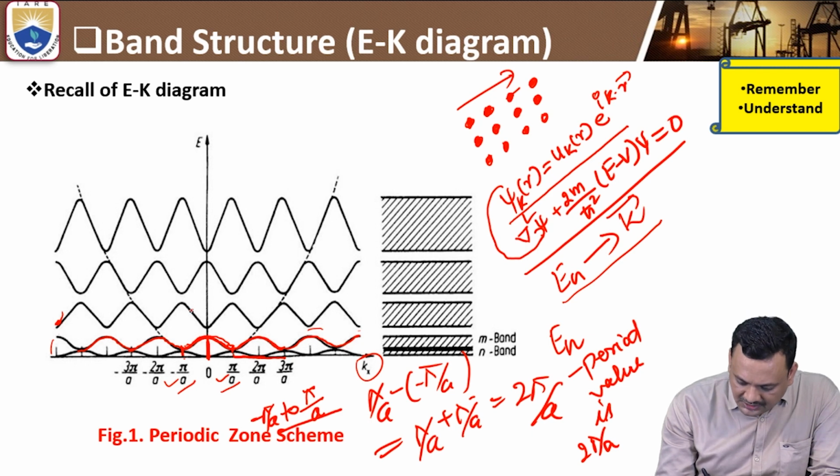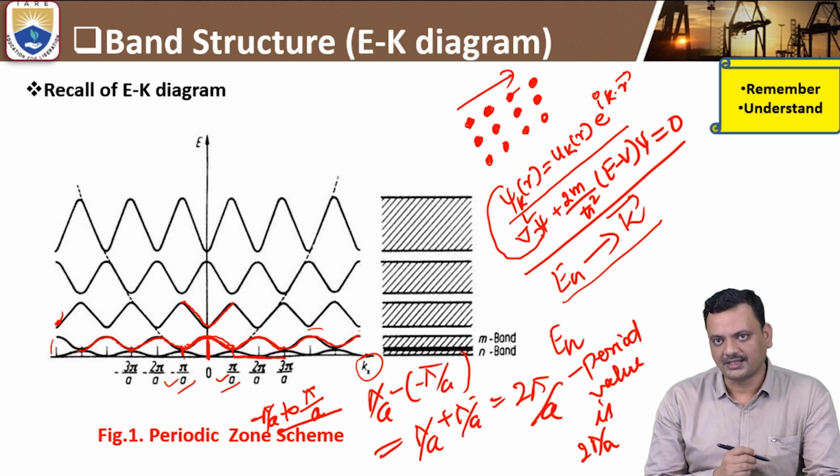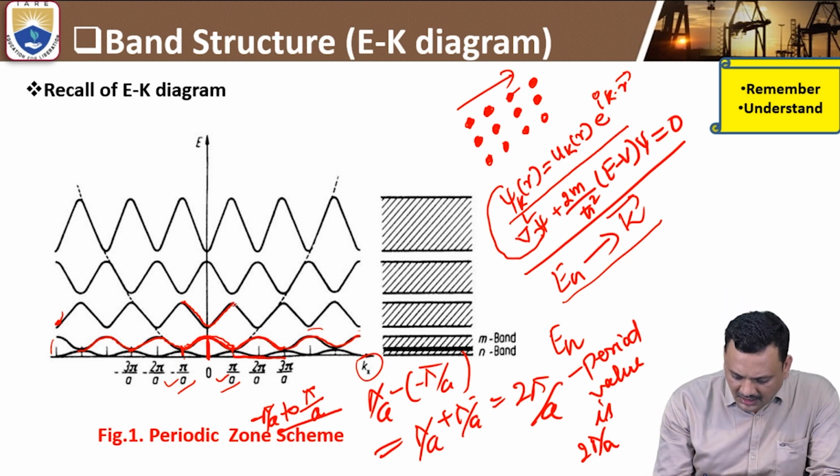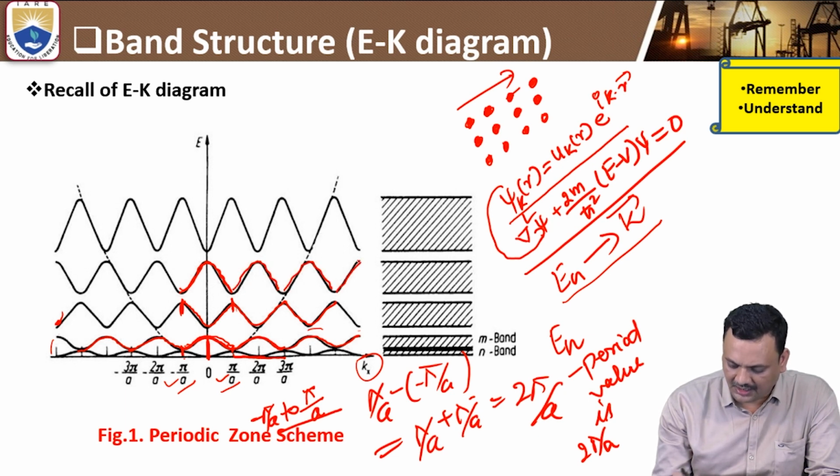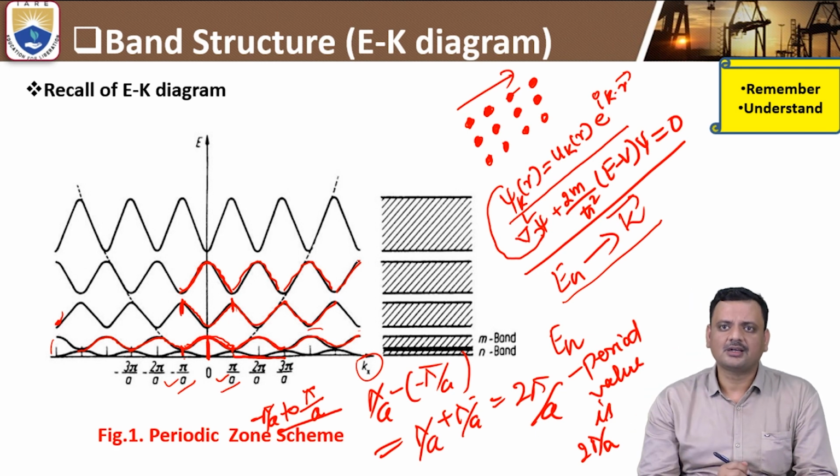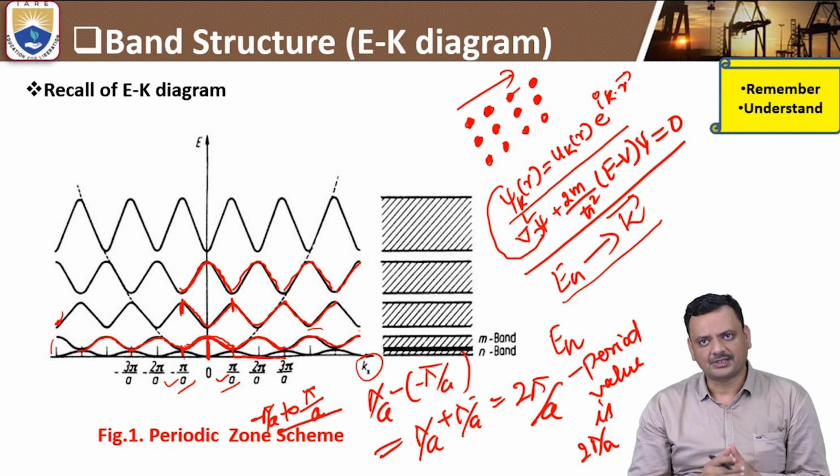See here also, in the considered third allowed energy band, the same thing is repeated, again repeated for the next one. So this is your wave function.